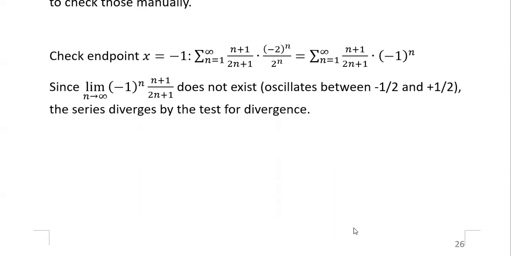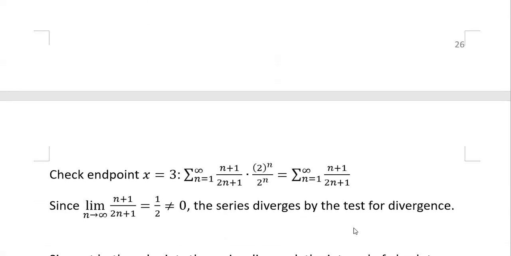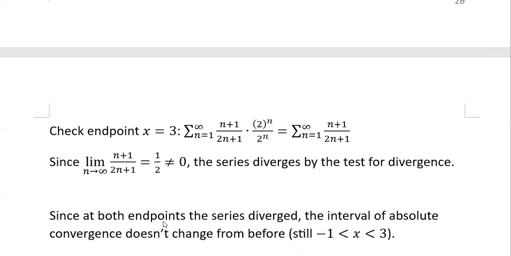Other endpoint, x is equal to 3. We plug in x is 3, we would get this. If we take the limit, it's not 0 as n goes to infinity. Therefore, it diverges by the test for divergence. So the endpoints are not even convergent, so we don't have to include them in either the absolute convergence or the conditional convergence. Since both endpoints diverge, the interval of absolute convergence doesn't change from before.